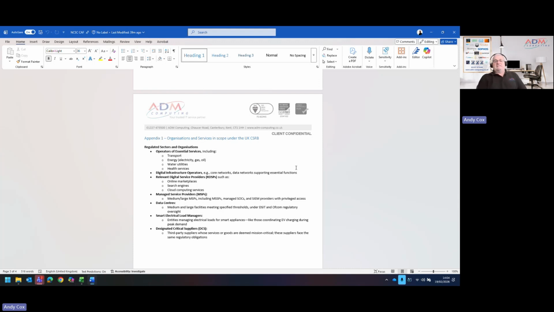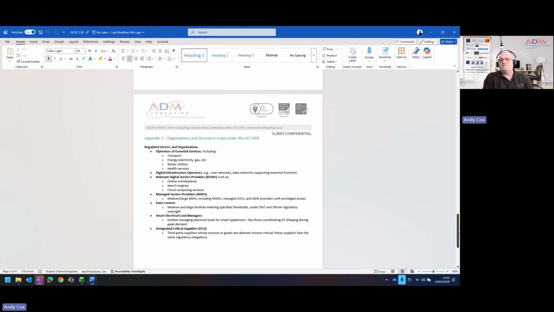Of particular interest to ADM in ourselves is managed service providers. So we fall very much under the scope of this. And where it will probably affect more organisations is organisations who fall into the supply chain of these critical national infrastructure companies, the designated critical suppliers.